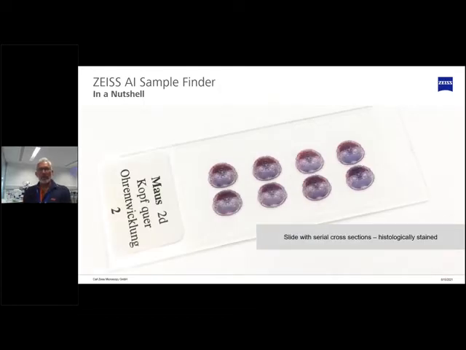Okay, the workflow in a nutshell, because it will be so quick once Frank starts to operate that system. I'll run you through what the sample finder does step by step with some slides.